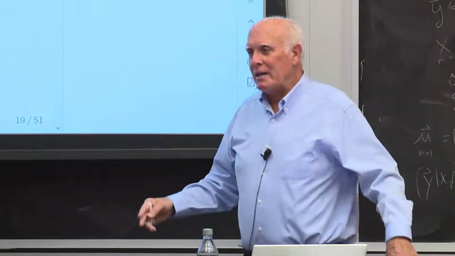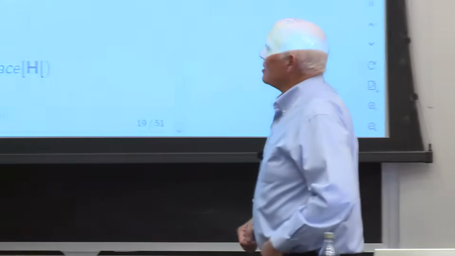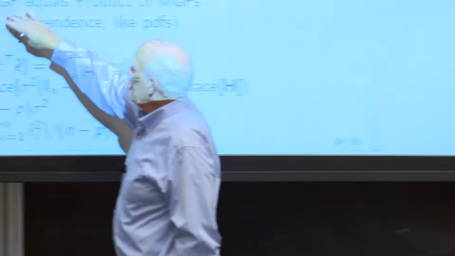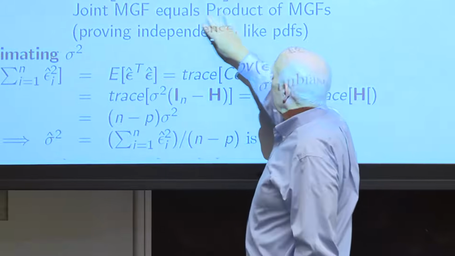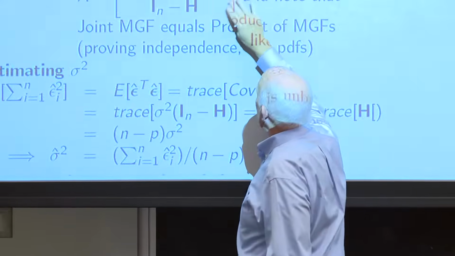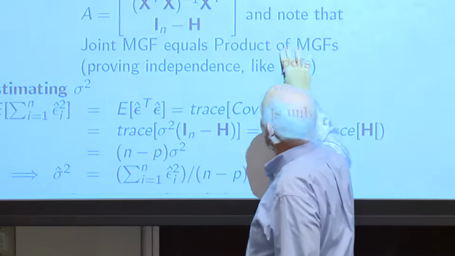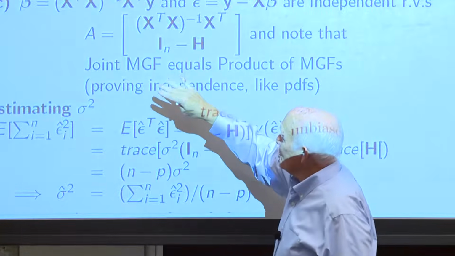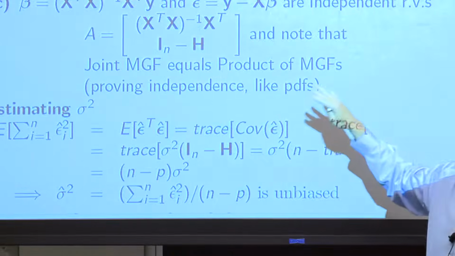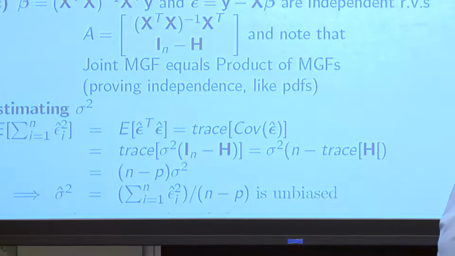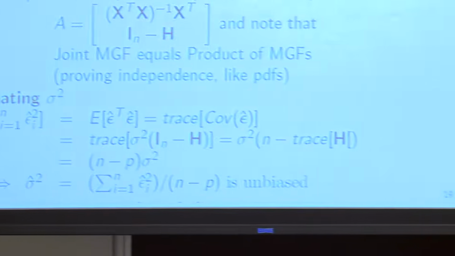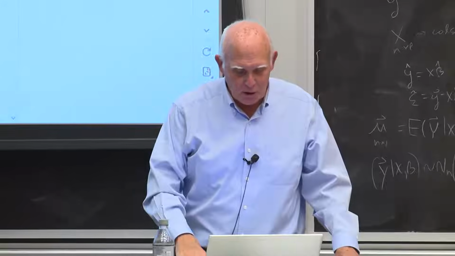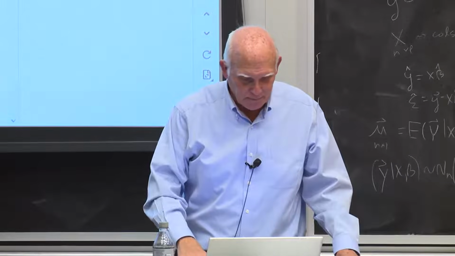The independence follows by looking at the joint moment generating function of AY, and showing that it is equal to the moment generating function of beta hat times the moment generating function of epsilon hat. So the product of moment generating functions allows us to determine the independence there.